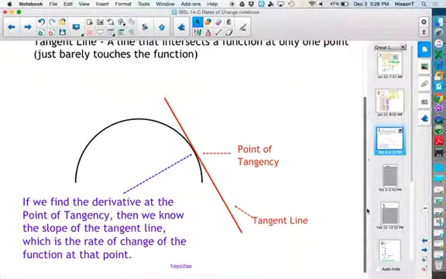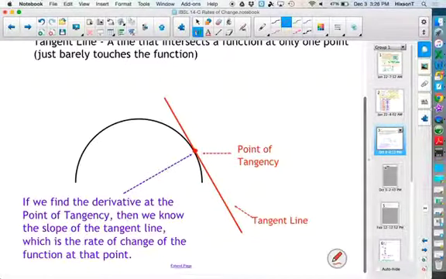So here's an example. We have this tangent line. The point of tangency is that point that we're looking at, that we're focusing on, okay? And what we want to do is evaluate the derivative at the point of tangency, and that'll tell us what the slope of the curve is at that point.